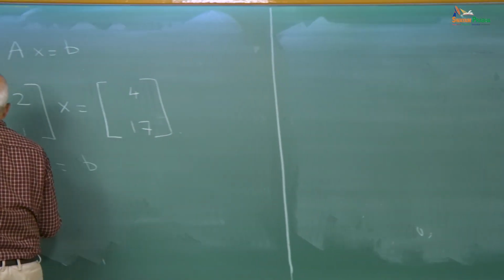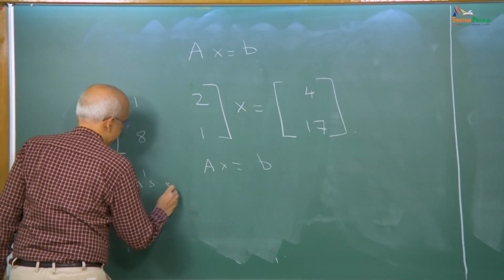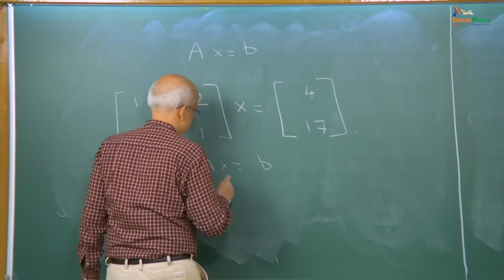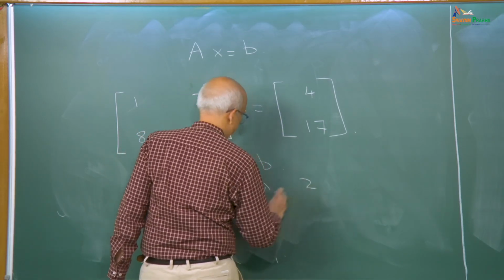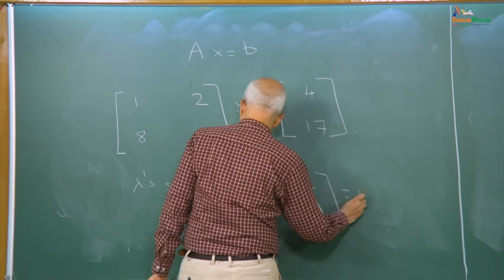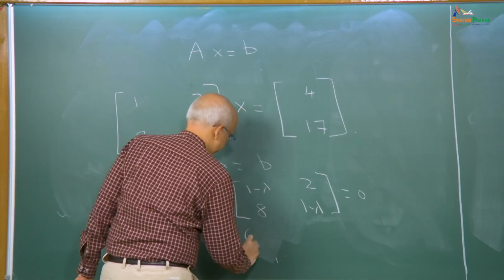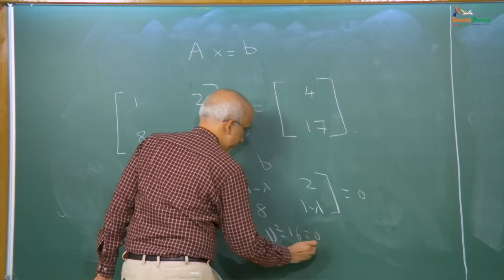So, the lambdas satisfy the determinant equation: (1 minus lambda) times (1 minus lambda) minus 16 equal to 0, which is (1 minus lambda) squared minus 16 equal to 0.